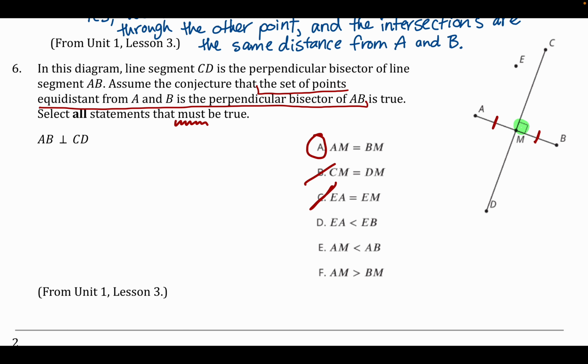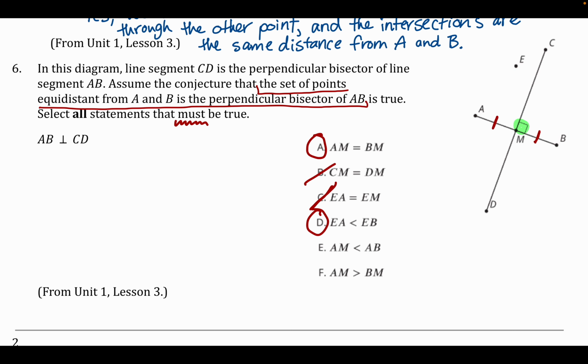D says that EA is less than EB. So EA is the distance from E to A, and EB is the distance from E to B. Now, this is one that we do actually know is true. We know that that's true because if E was actually here instead on the perpendicular bisector, we're assuming this would make the distance between that and A and B the same.